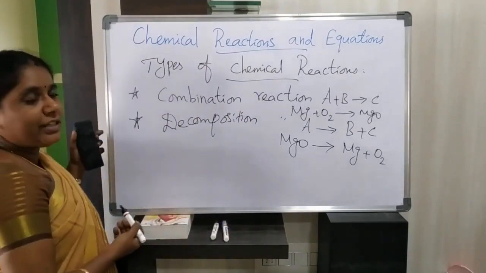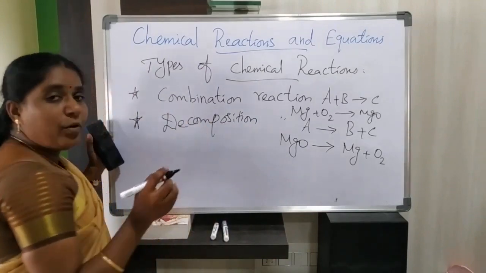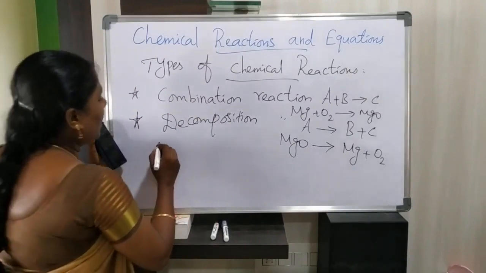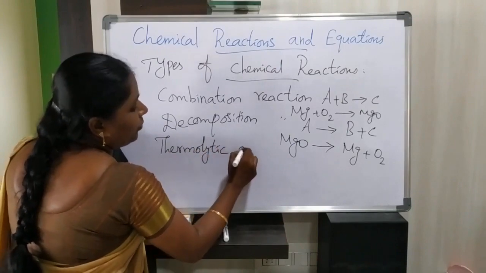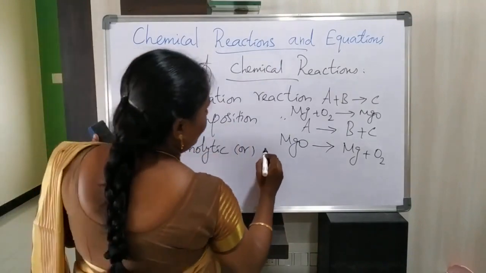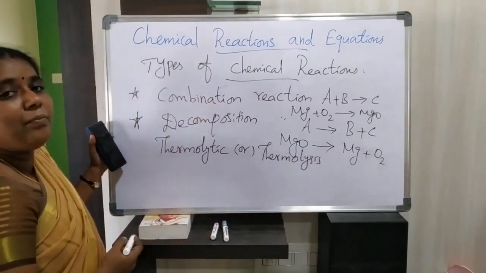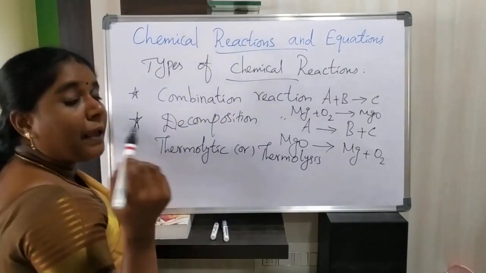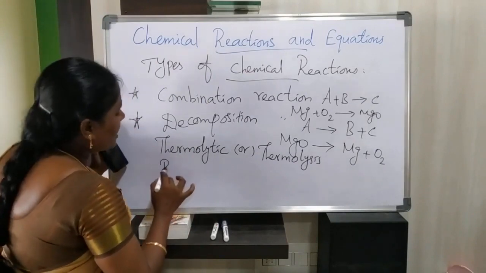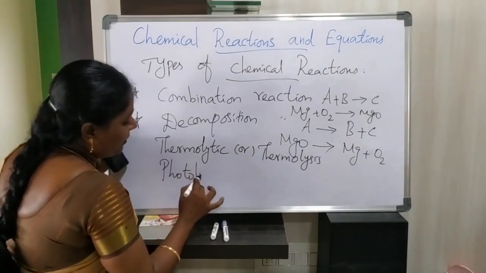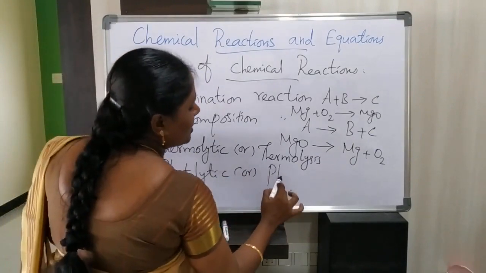In decomposition reactions we discussed three types. A decomposition reaction that requires heat is called thermolytic decomposition or thermolysis. Similarly, a decomposition reaction that requires light, that is in the presence of sunlight, is called photolytic decomposition or photolysis.